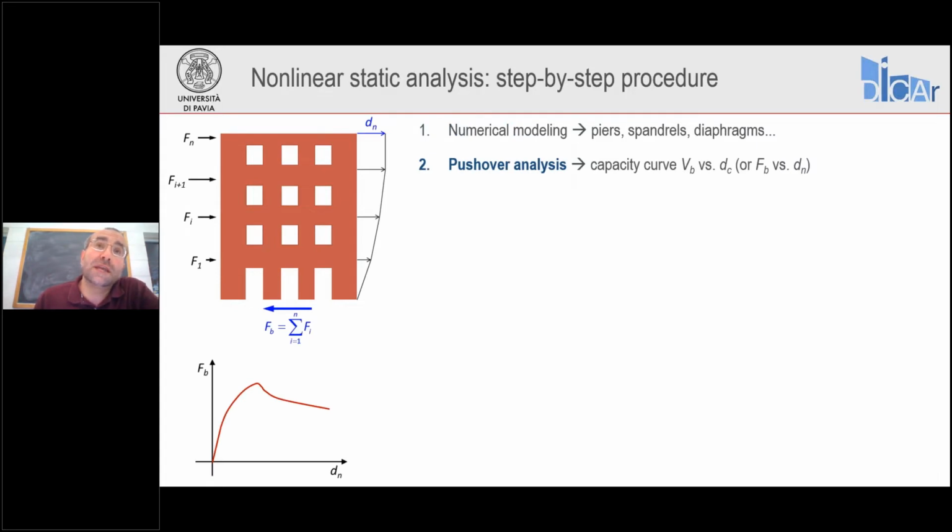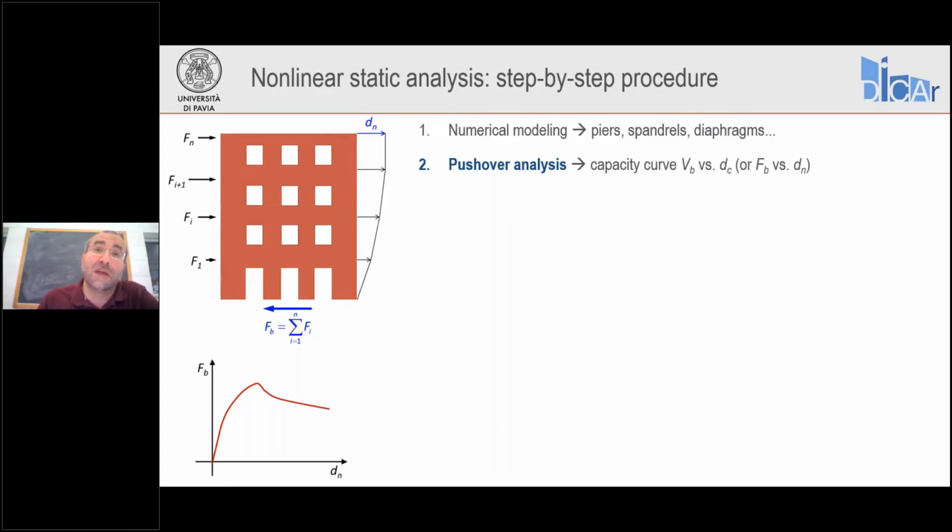You should also have already seen something related to this second step, which is how to carry out the pushover analysis. That is, how to determine the capacity curve of the structure in terms of base shear and displacement of a control node, DC, usually located at the roof, at the nth floor of the structure, and for this reason also identified as D sub n in the Eurocode.